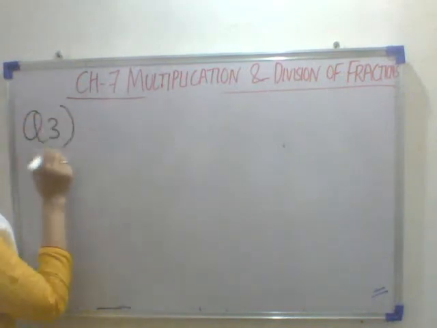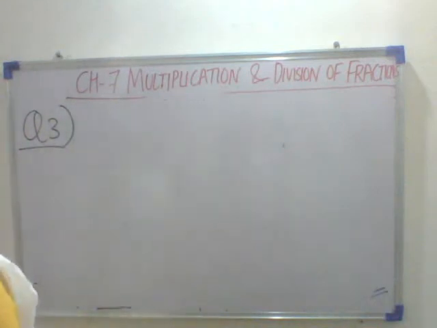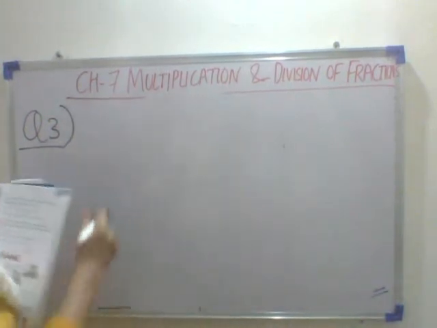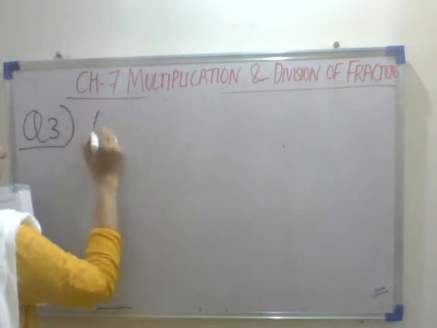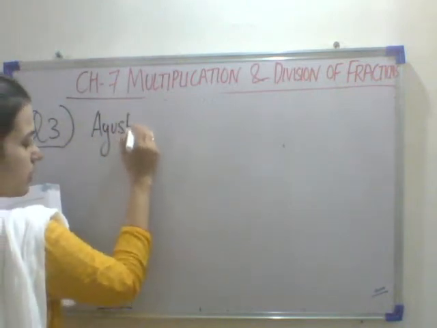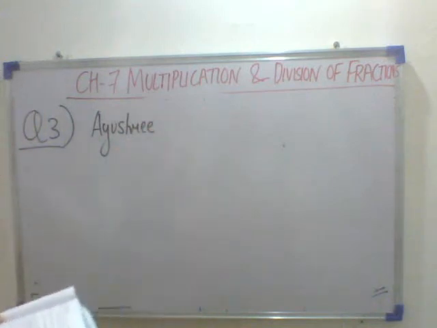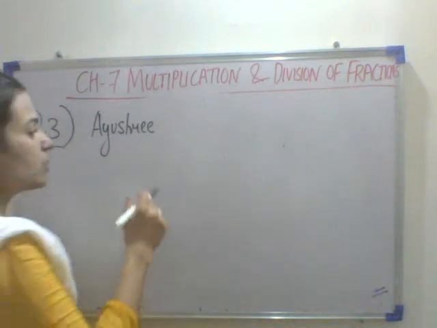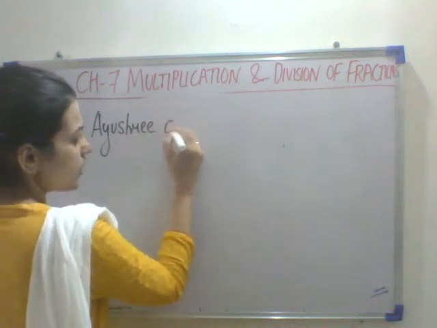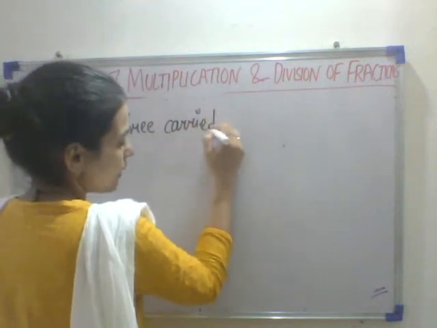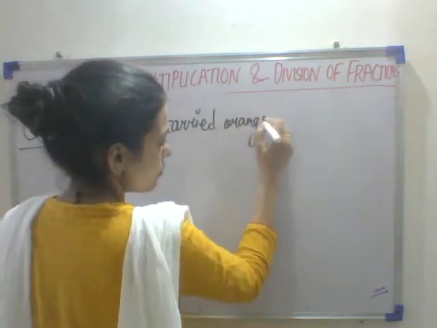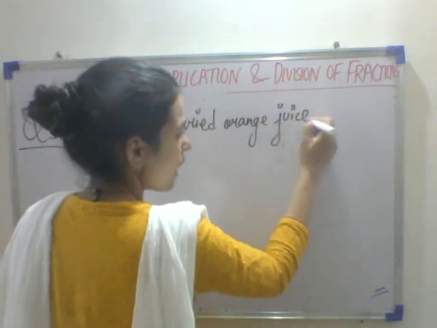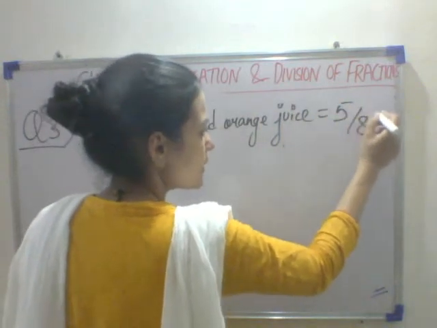Question number 3. What is given in question number 3? Ayushri took 5 upon 8 liter of orange juice to school. So how much juice did Ayushri take? Ayushri took 5/8 liter of orange juice to school. It is 5/8 liter.